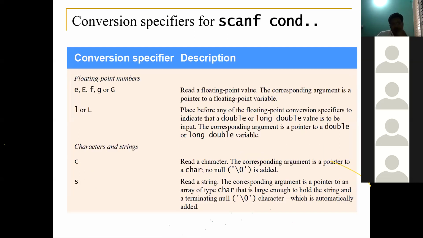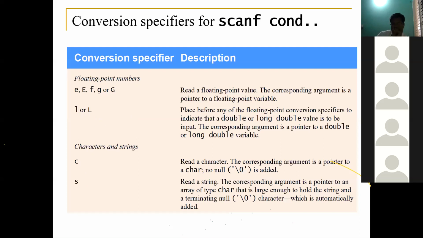Now, whatever we saw was with respect to integer values. This slide gives us the conversion specifiers for floating point numbers and characters with the strings. To accept floating point numbers, you have lowercase e, uppercase E, F, G, uppercase G. Whereas for long and long double, we use lowercase l and uppercase L. C stands for character, S stands for string.